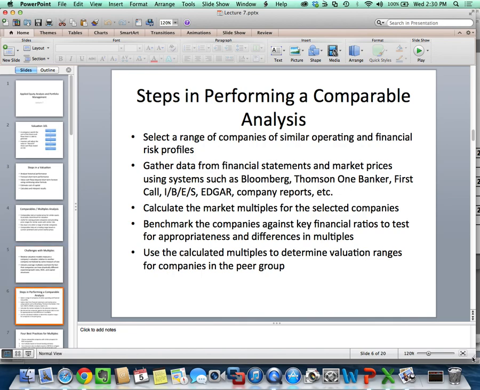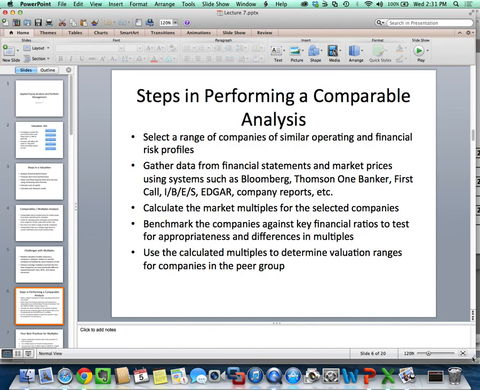So how do we do a multiples analysis? Well, first, you've got to select the companies to put in the group. And as I said, it sounds simple, but that's one of the challenges we're going to struggle with later in the semester. Second, we've got to get the data to do the multiples. In this class, since we're doing valuation, valuation is based on expected cash flows. Therefore, historical data, historical multiples don't help us.